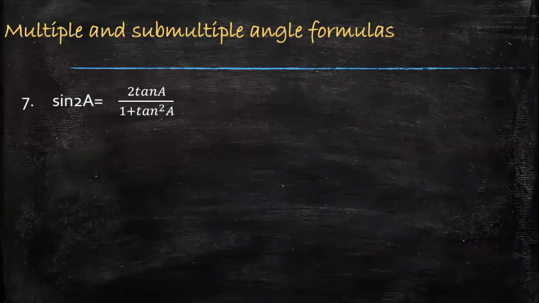This also can be proved in the similar way how we proved the formula for cos 2a in the previous slide. So let us prove this. Same way, I'm going to use the first formula which we have proved for sin 2a.